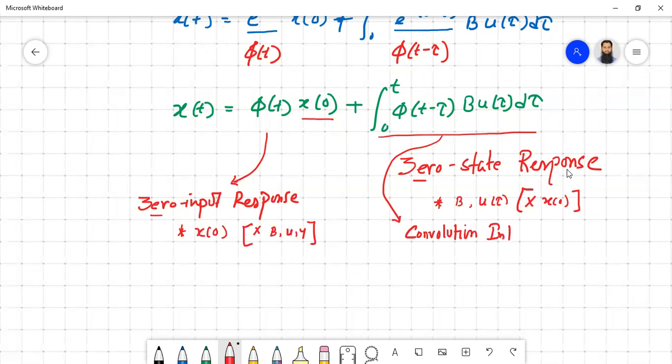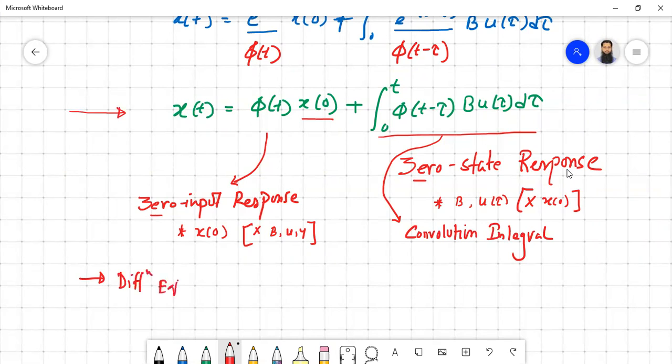Now, what is the difference between this solution of the state equation and the solution of the differential equation?